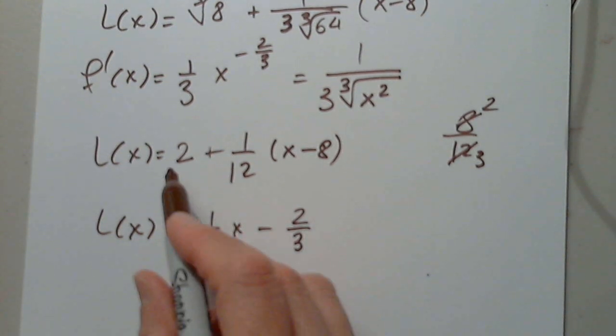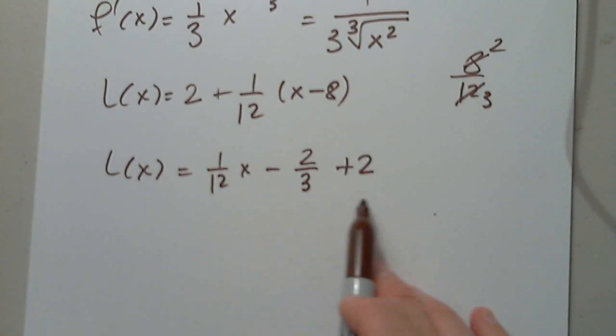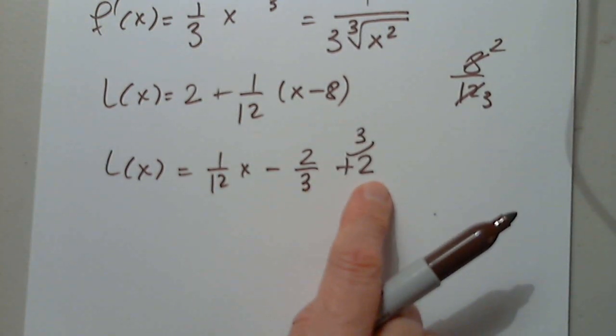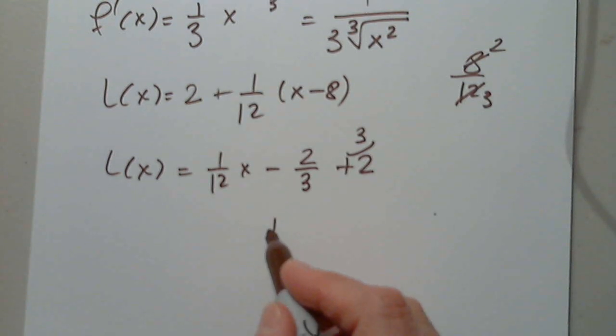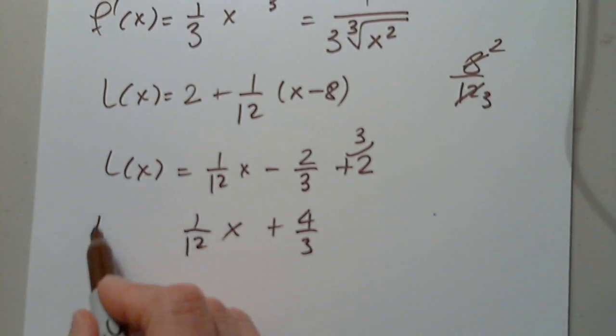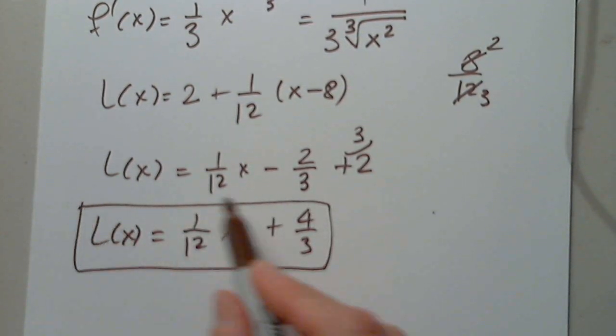Minus 2/3 and plus 2. Yes, the least common denominator is 3. So negative 2 plus 6, which is 4. So L of x equals 1/12 x plus 4/3. This is it. What is it?